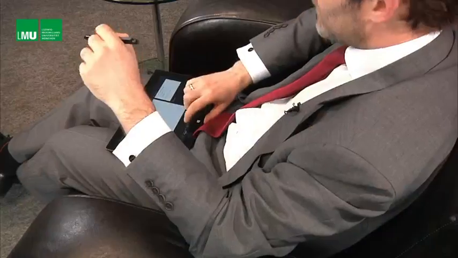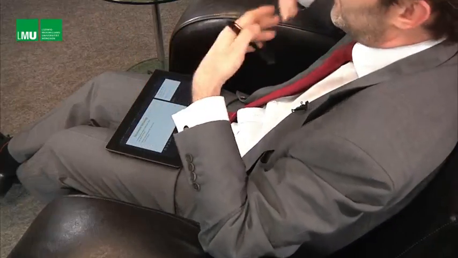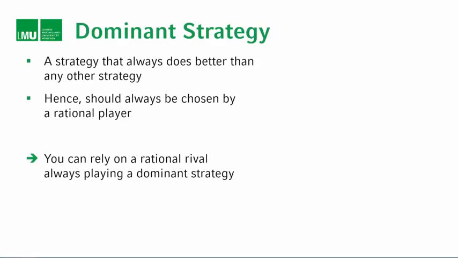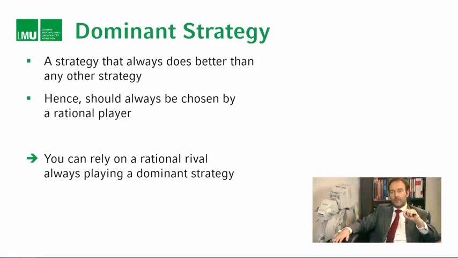So a rational player will always choose a dominant strategy. This is easy for yourself: if something always does better, then that's what you're going to choose. What's actually more interesting is that if the other player in the market has a dominant strategy, you can rely on that player playing it. So you can anticipate that the other player will choose a dominant strategy as a consequence.